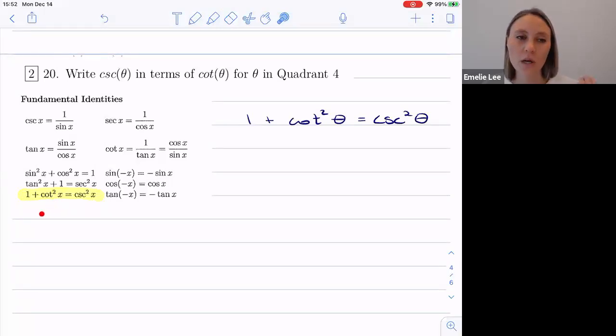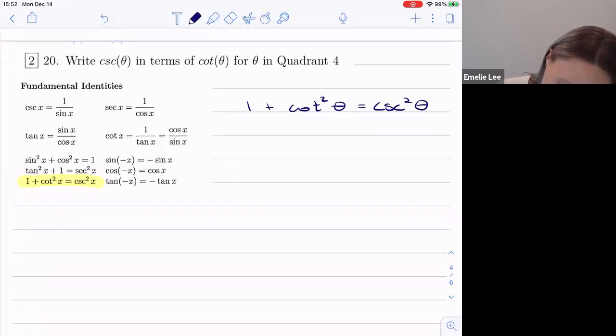You can take the square root of the cotangent squared theta and it'll give you the cotangent of theta. That's nice. So I want to rewrite cosecant theta, not cosecant squared, in terms of just cotangent.